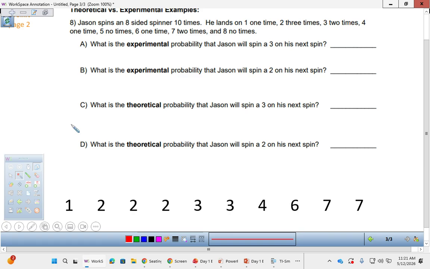But if it says theoretical probability, I don't care what Jason did. I want to think about the device. How many sides does the spinner have? Think about what the spinner looks like. Jason spins an 8-sided spinner.